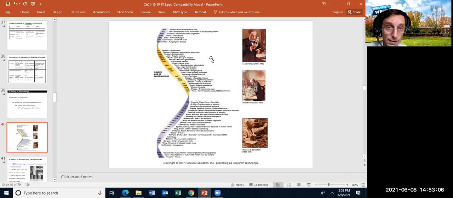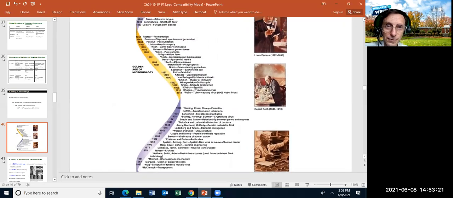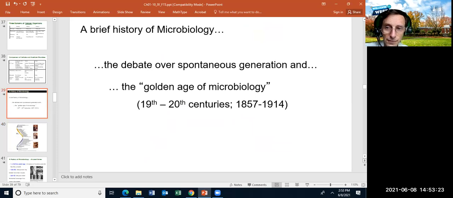Here we're looking at the age of microbiology and just a timeline. The golden age was the start of microbiology, and I can't read that. Let me blow that up. What is before the golden age of microbiology? Oops, too far.